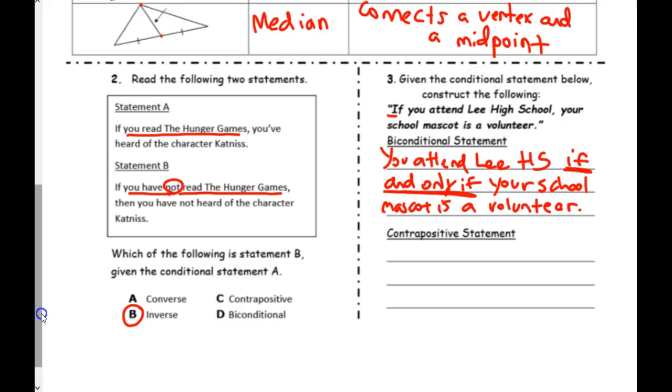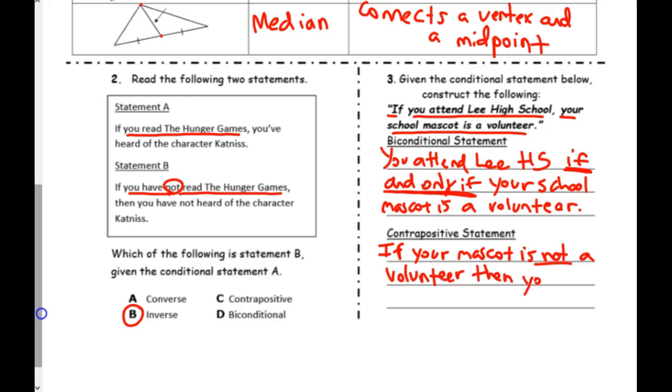Contrapositive. So we're going to take you attend Lee High School and your school mascot is a volunteer. We're going to switch the order and make it opposite. So if your mascot, now we're talking about the mascot first, but opposite, is not a volunteer, then you don't attend Lee High School.